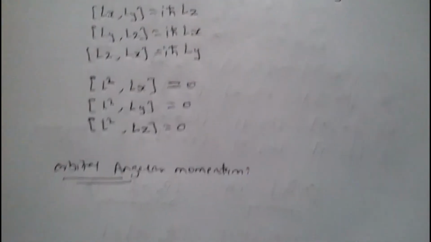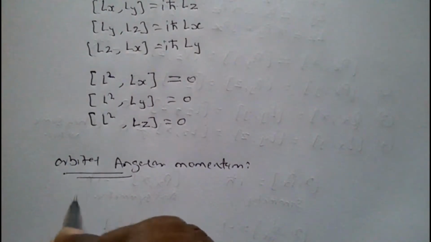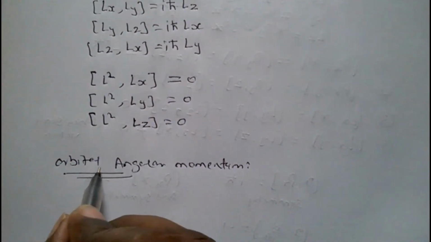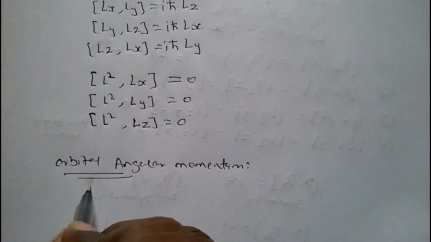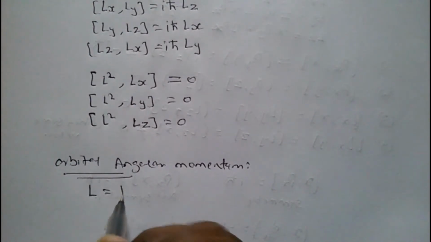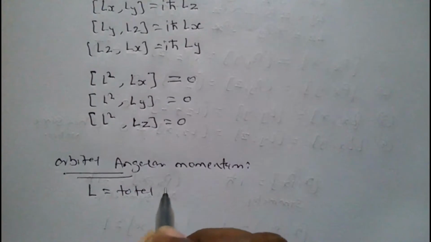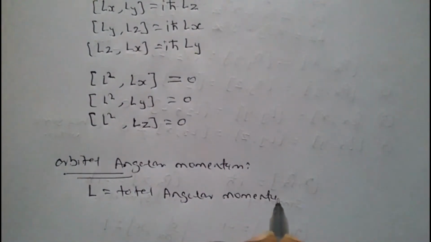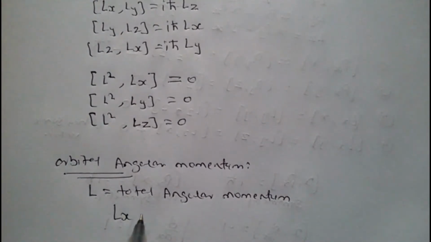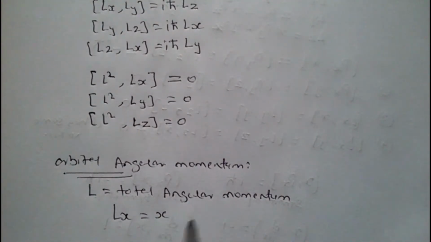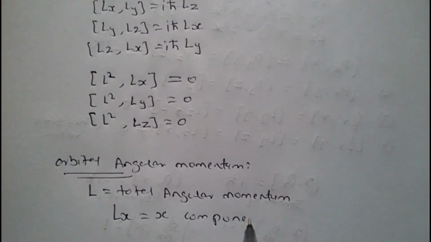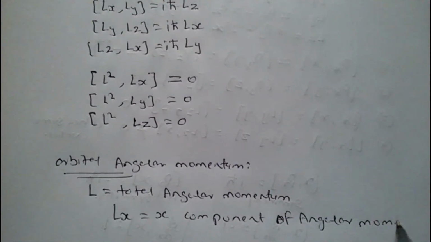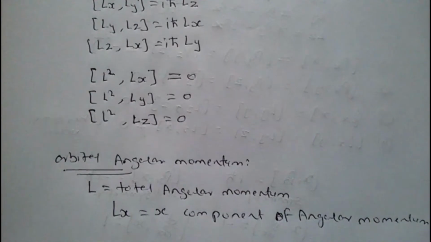So here orbital angular momentum L equal to total angular momentum. Lx equal to x component of angular momentum, like this.